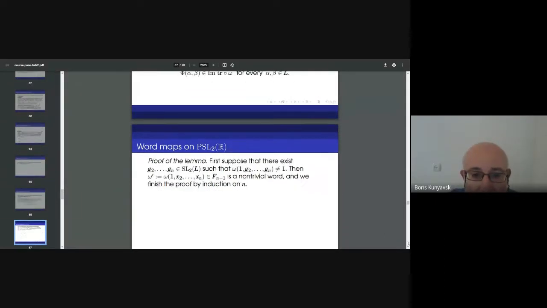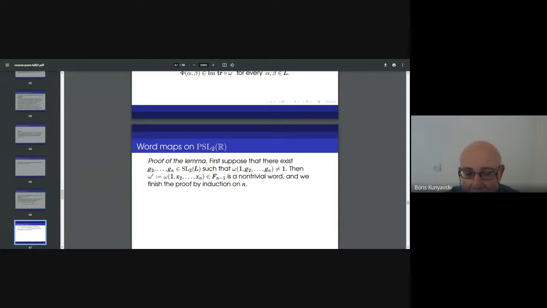Well, proof of the lemma. It's the idea of Hui, Larsen, and Shalev. So two cases. First, let's suppose that there is an n-1 tuple, g2 through gn, which is non-trivial in the sense that the value of our word is not 1.